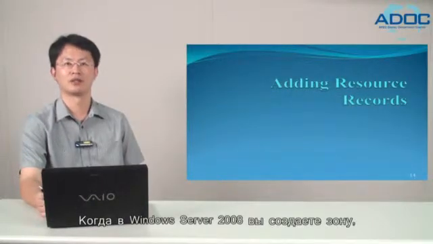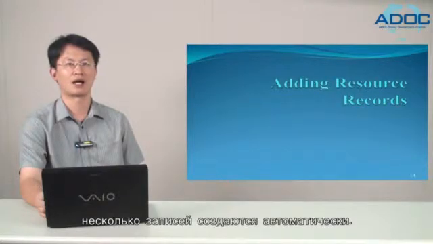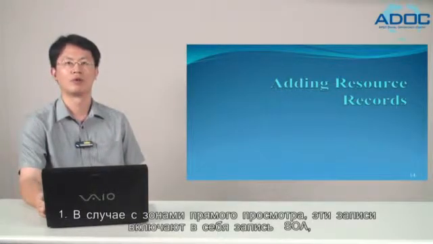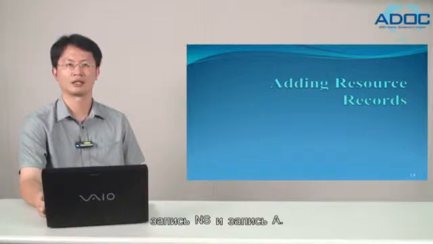When you create a zone in Windows Server 2008, several records are created automatically. For a forward lookup zone, these records include an SOA record, NS records, and A records.